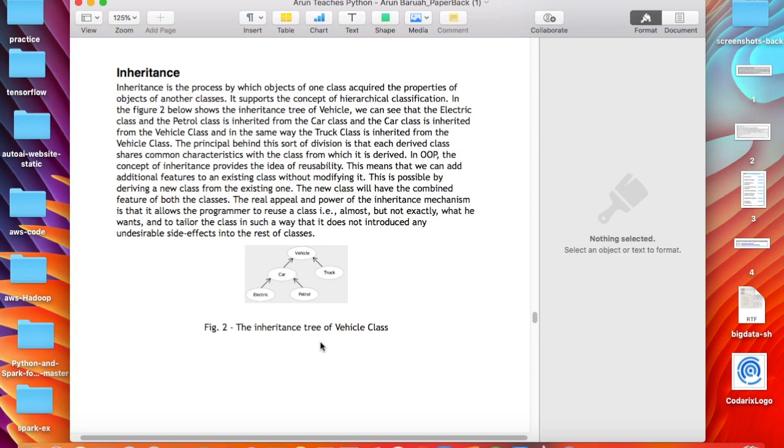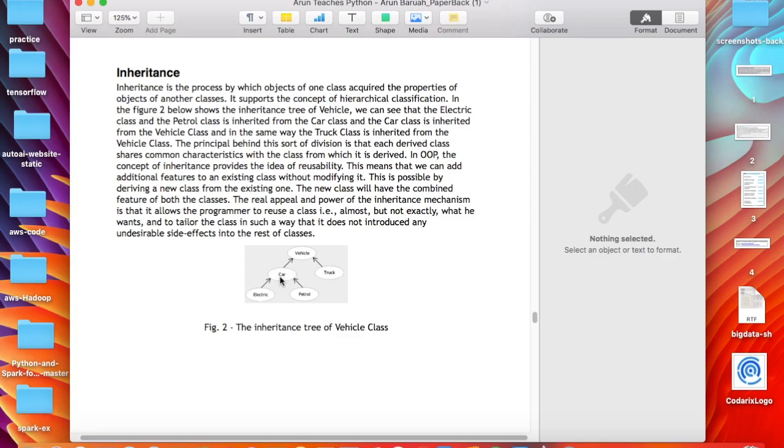So this figure is the inheritance tree of a vehicle class. Now see, the parent class is the vehicle. It has a few properties. The properties may be that the vehicle must have a steering, some wheels, and other properties, and car can inherit.